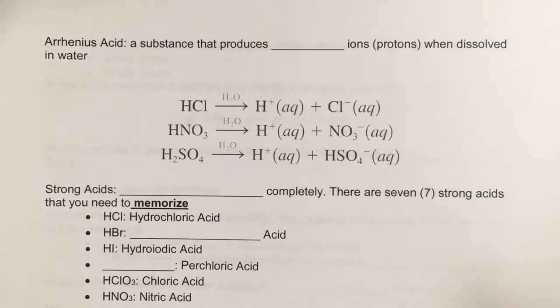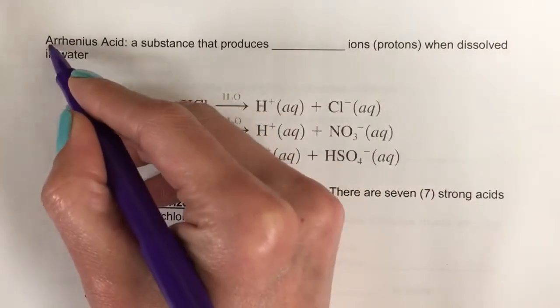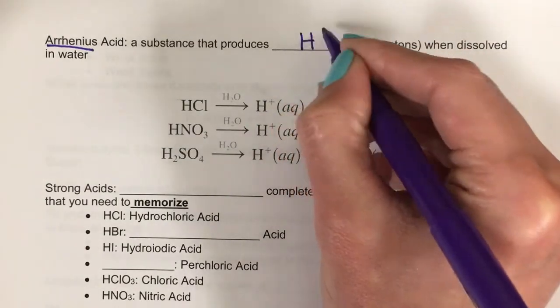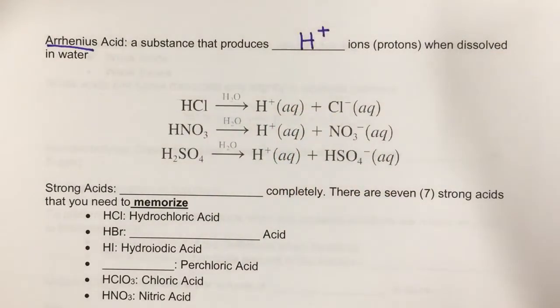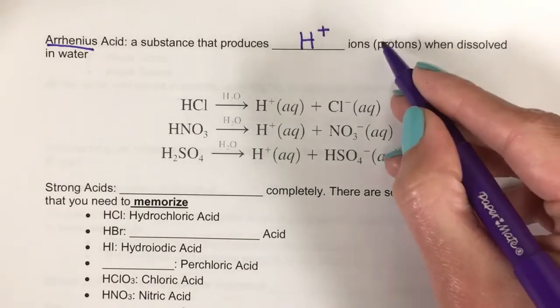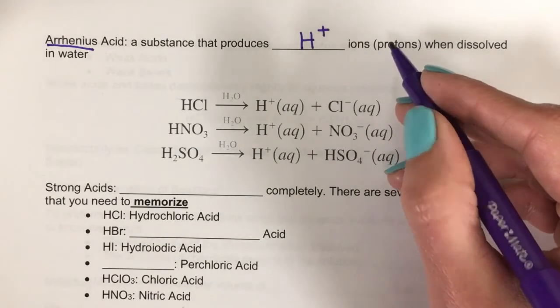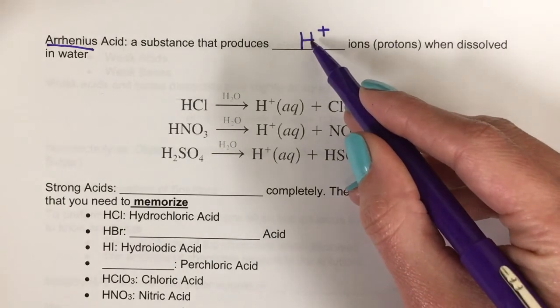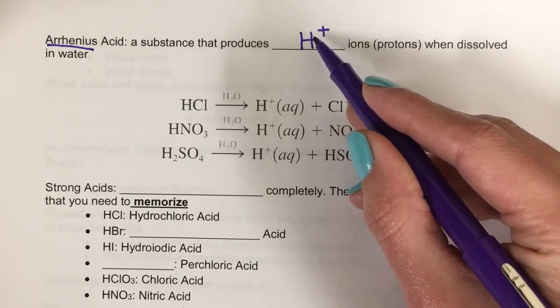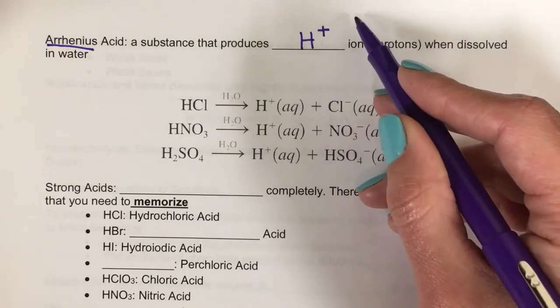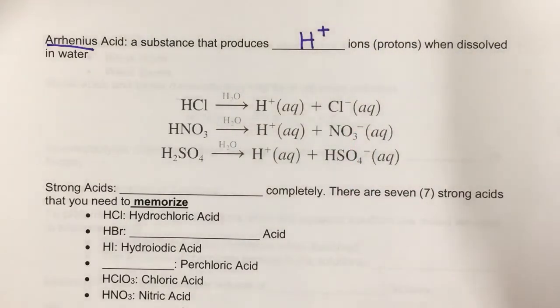When we talk about acids, if they are an Arrhenius acid, which not all acids are, and we'll talk about different definitions, they produce hydrogen ions, H+ ions. This can also be called a proton. Okay? The reason it's called a proton is a hydrogen atom is 1 proton, 1 electron. If it has a positive charge, it lost its electron. The only thing that's left is the proton.